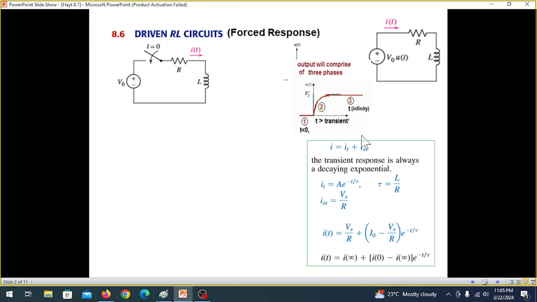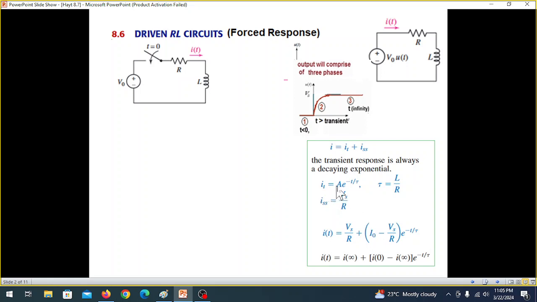Now Alexander has taken these two portions. One is the transient portion, which he calls I_T, and the other is the steady state portion, which is called I_S. The sum of the two is the total current. I'll not go into the details.